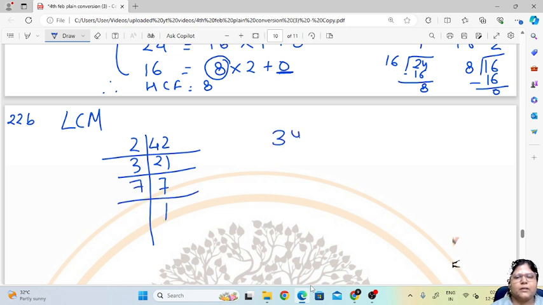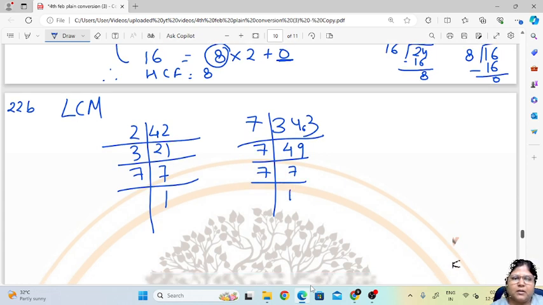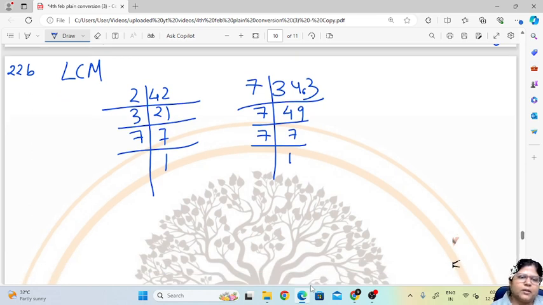For 343 you have to start with 7. 7 4s are 28, so 34 minus 28 gives you 6. 63, so 9. 7 7s are 49. Now 42 is 2 times 3 times 7. And 343 is 7 times 7 times 7.